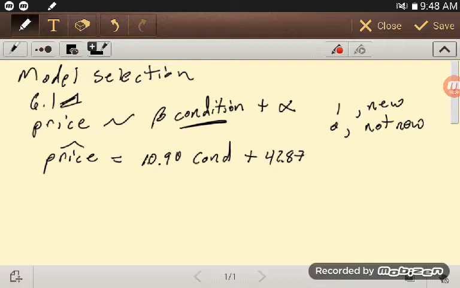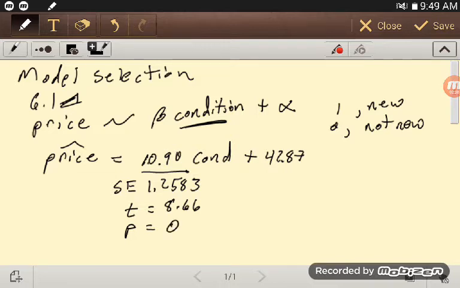They get the standard error on the slope, which would be 1.2583, and therefore if we divide 1.2583 into 10.9, we get a t statistic of 8.66, they say, and the p-value is basically 0, at least to 4 decimal places.